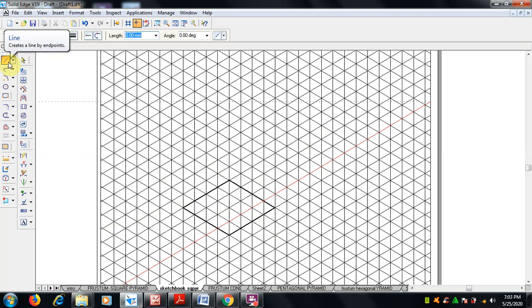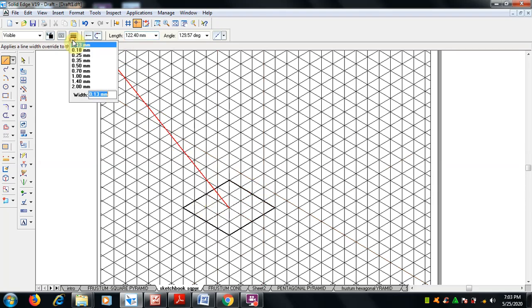Now the next one: we have to draw at a height of 60 mm. So where is the center? From here, I will make a 0.13 mm thickness line for the midpoint, and from here it is the mid to midpoint, and here is the exact middle of this square.